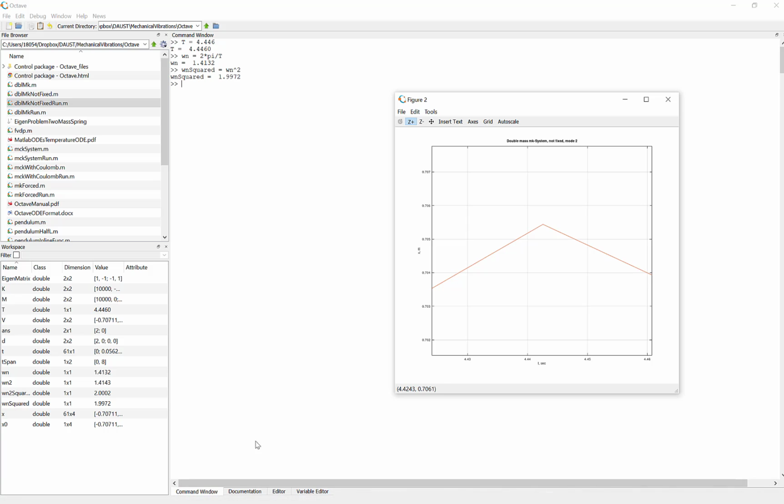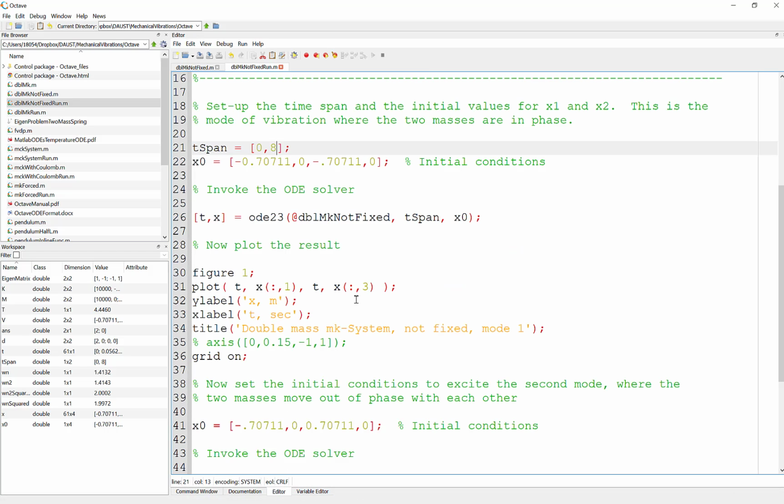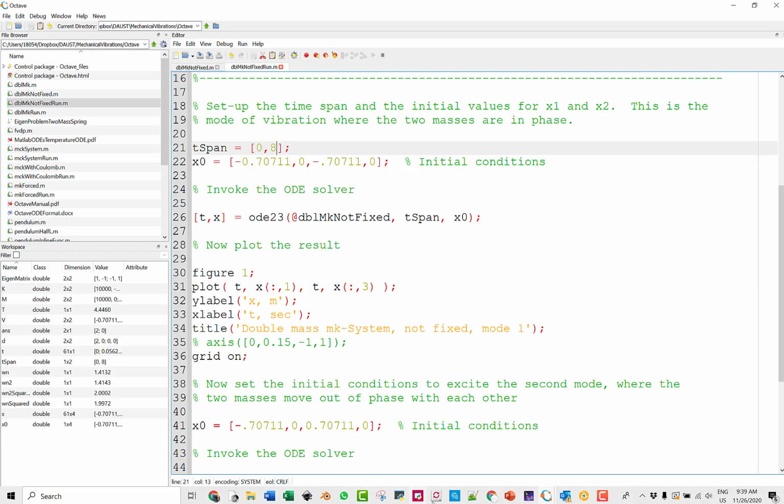is go back to my editor. First thing I'm going to do is kill off that figure 2, because we'll just redraw it.